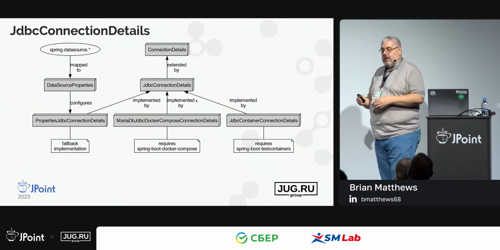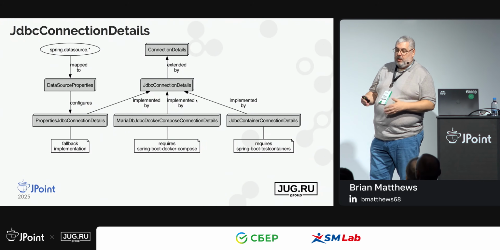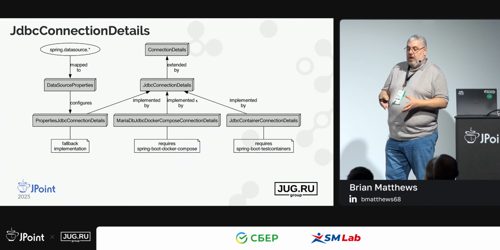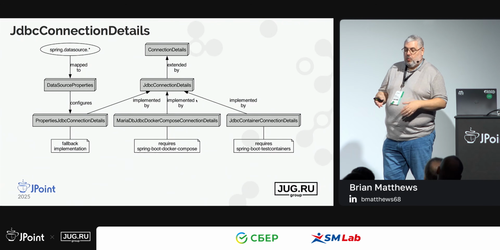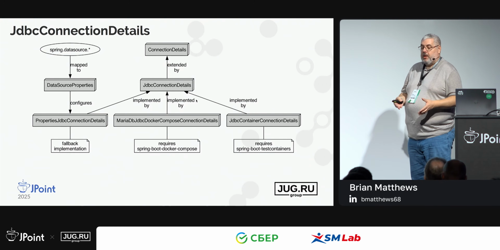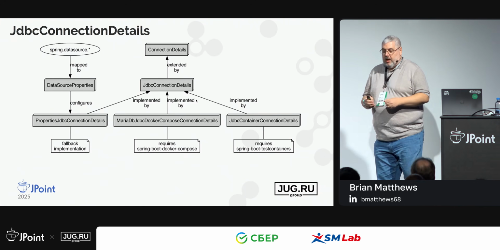And what happens then is if you add in a dependency called Spring Boot Docker Compose, that has all the extra logic that it needs to detect and connect to containers run by Docker within the Docker Compose lifecycle.